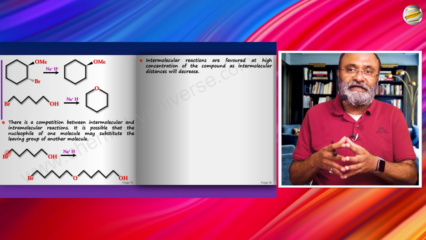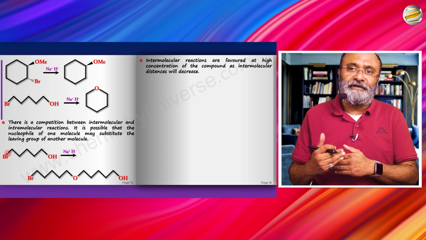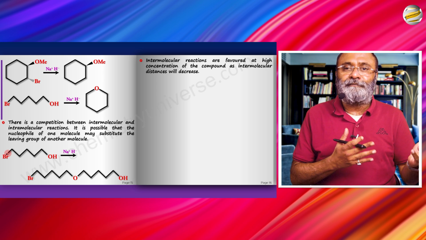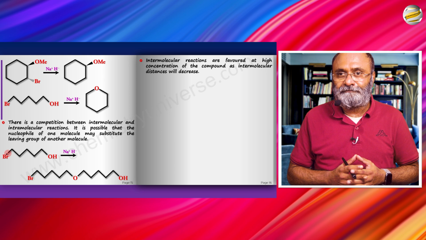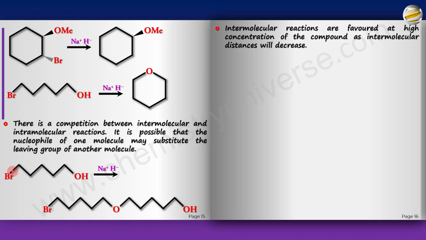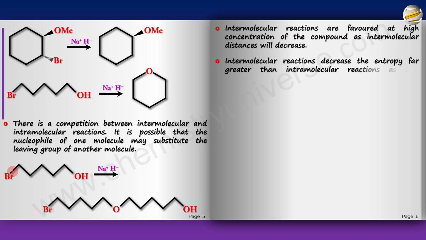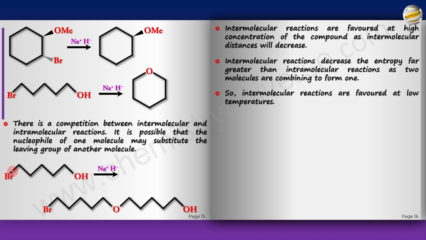So keep the T low, T delta S will not be dominant, and delta H will overtake, and that will make delta G negative enough for the reaction to take place. So intermolecular reactions decrease the entropy far greater than intramolecular reactions, as two molecules are combining to form one. So intermolecular reactions are favored at low temperatures.